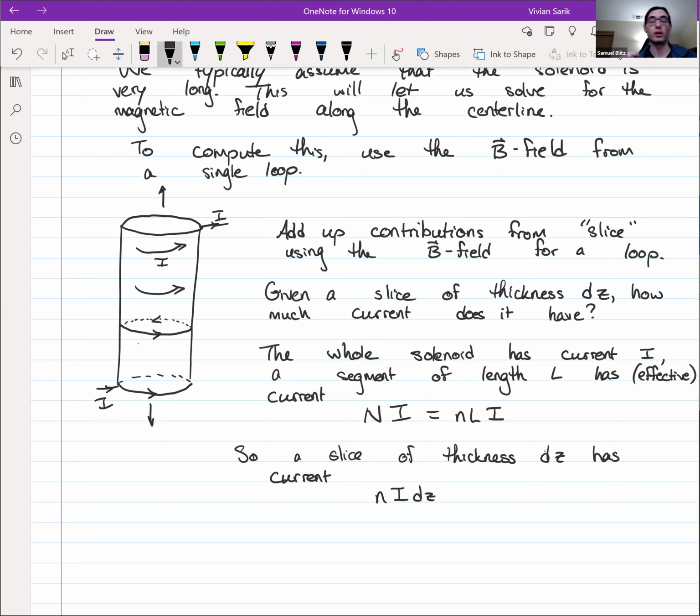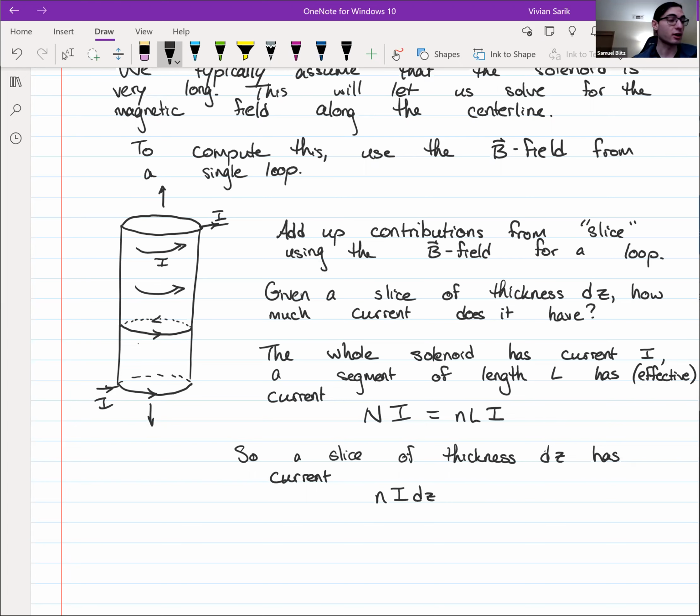That is the amount of current that would be flowing through that little infinitesimally small slice. And so the idea here is, imagine this might be like a fraction of a wire, like a real wire might have some thickness. You are asking how much current is flowing through just a little fraction of that wire, where the thickness of that fraction is dz.